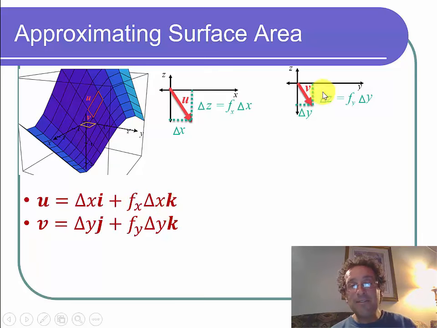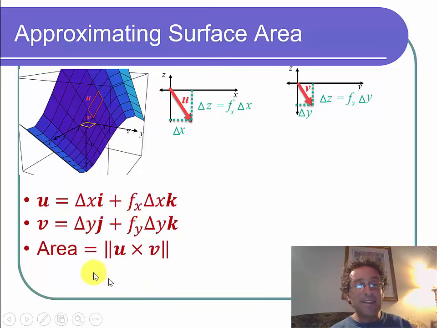And we can write v as delta y j plus f sub y delta y k. We want to find the area of this parallelogram if we know that the two adjacent sides are u and v. And we've had that the area of a parallelogram is the magnitude of the cross product of those two adjacent vectors, u cross v.